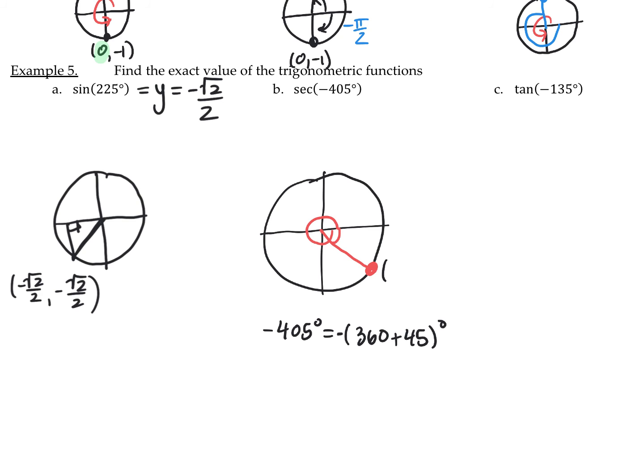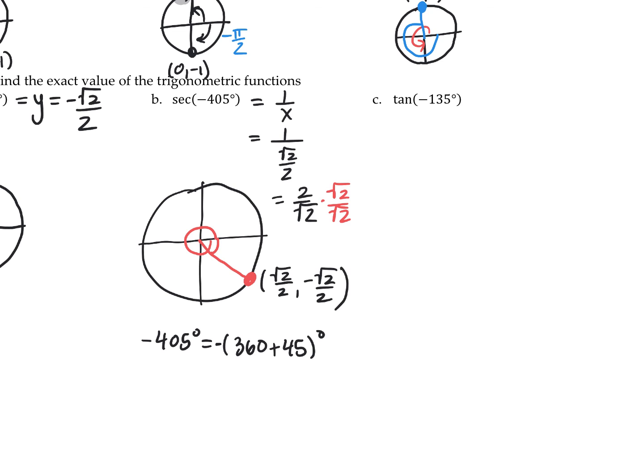But what we really care about is what are the x and y coordinates. Okay, so the secant is 1 over the x, so 1 over root 2 over 2. We take the reciprocal, 2 over root 2, and then we rationalize. So I end up with 2 square root of 2 over 2, or just square root of 2.